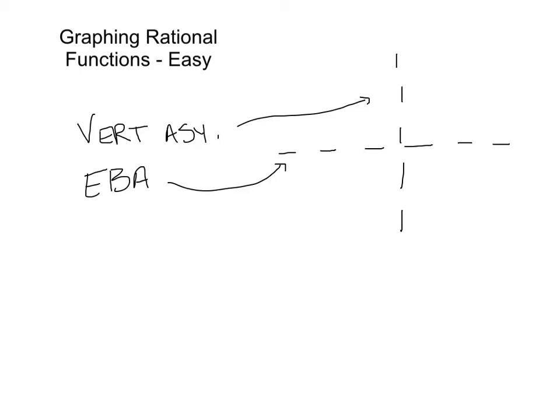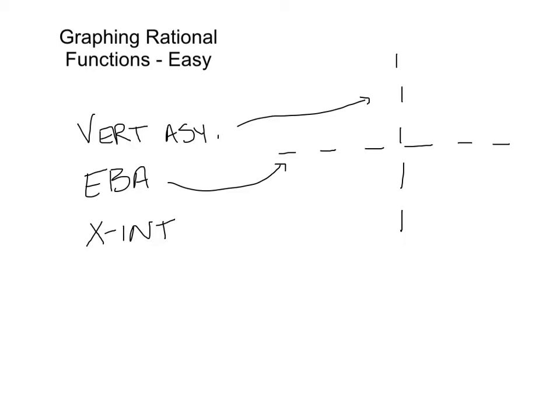There are a couple other things that we need to graph when we graph our rational functions. We're not going to graph them perfectly by plotting every single point, but we're going to use information that we can find relatively easily and then use that to help find a general place where our branches are. The other things that we need to look at are x-intercepts. Those are things that make the numerator equal 0.